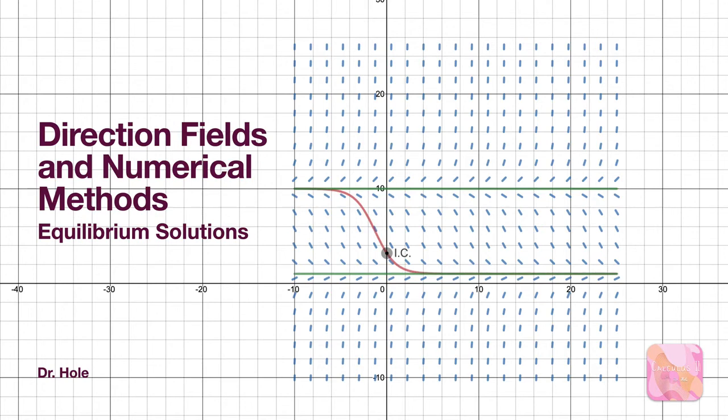On the other hand, if we consider this solution curve and look backwards in time, we can see that if we took our initial output to be anything strictly less than 10, then the solution curve is going to move away from the equilibrium solution, y equal 10.